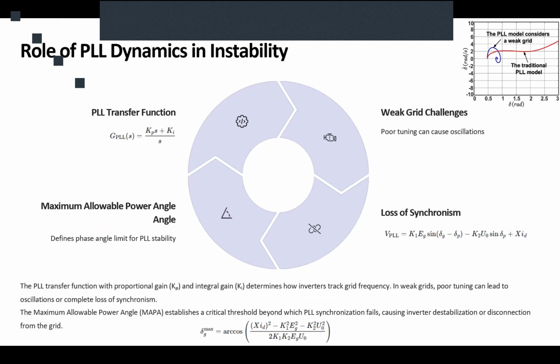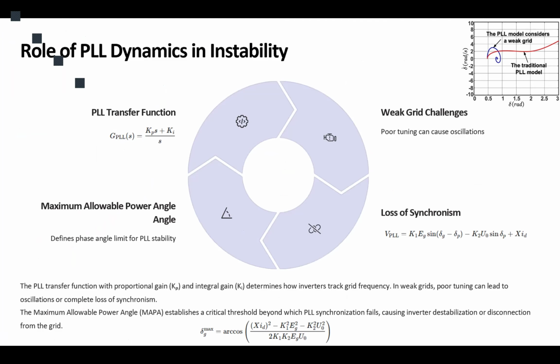Now, as you see in the equation, most of the effect when we're talking about the transient analysis is from the parameters that relate to the PLL. Okay, but if you remember in grid following, we had PLL and we also had a PID controller that controlled the current.